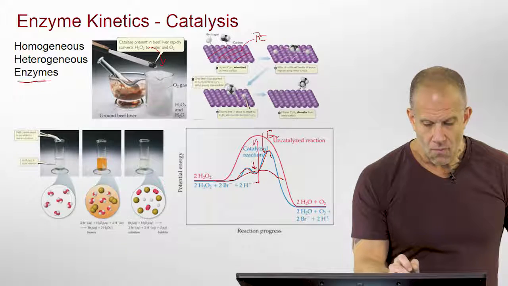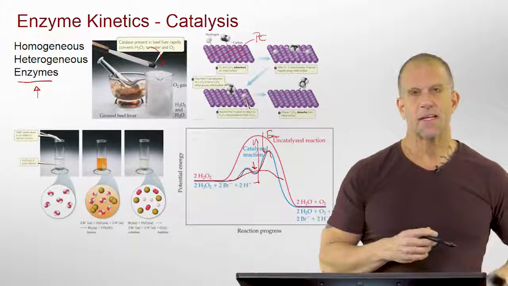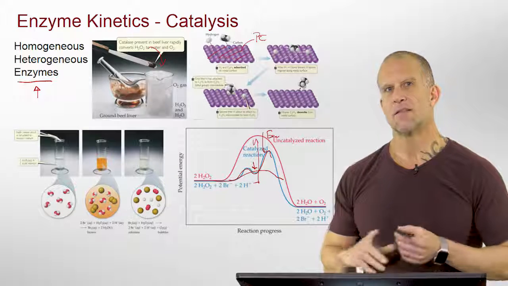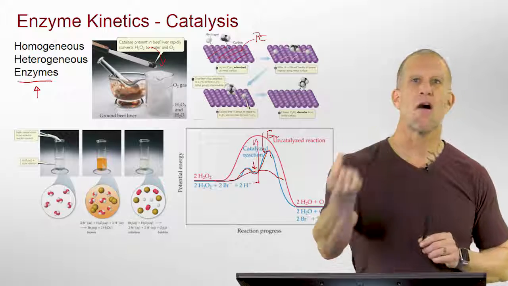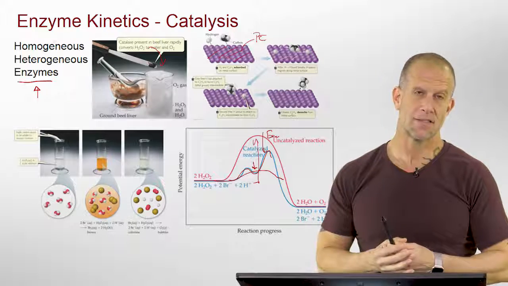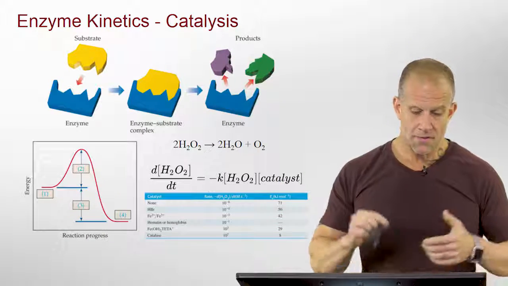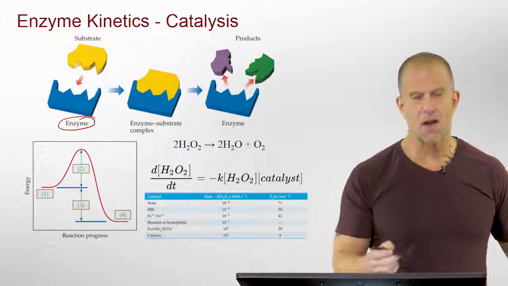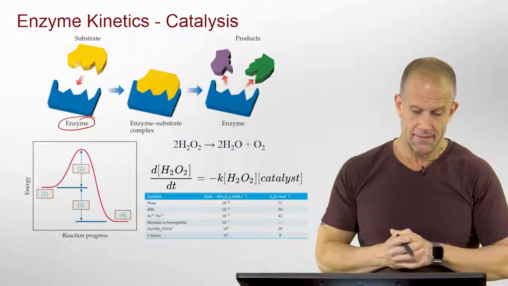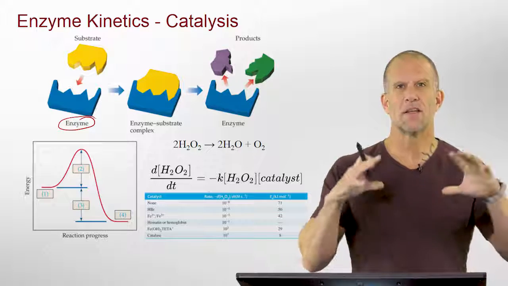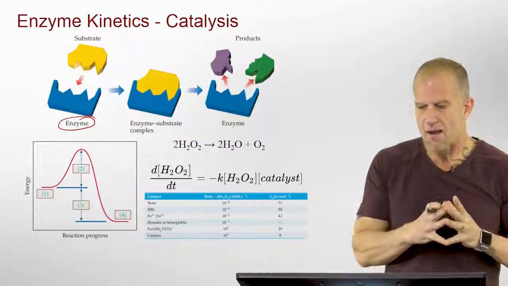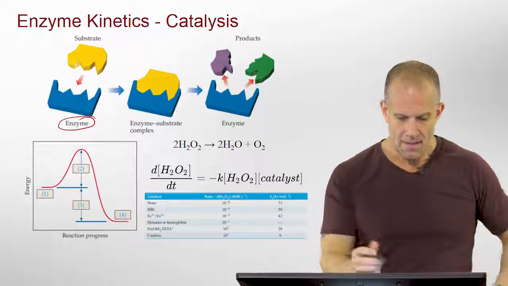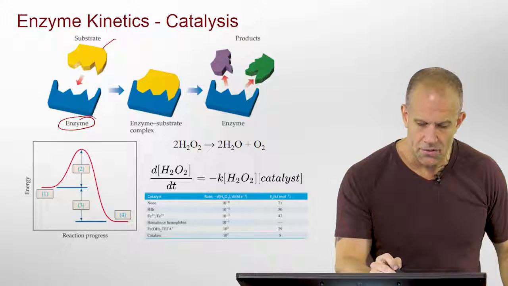And then what we're here to mainly introduce today is enzyme kinetics. In the biological world, this is one of the most common types of catalysts. Enzymes are not always, but are often proteins. And one of the most common types you see are these lock and key type enzymes, binding to the substrate.